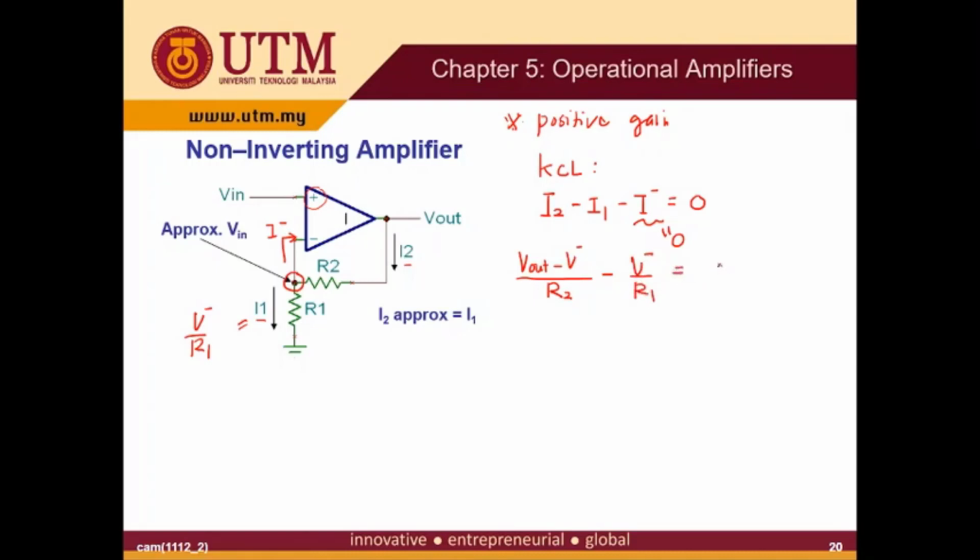Then we know that V plus is equal to V minus, and V plus is equal to V in. Therefore the KCL equation becomes V out minus V in over R2, minus V in over R1, equal to 0.